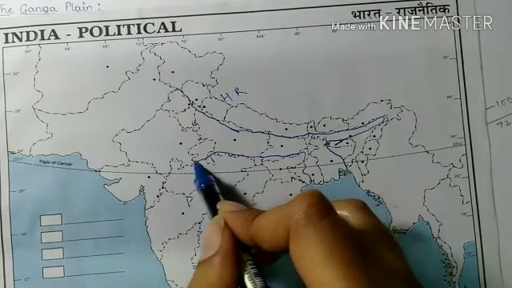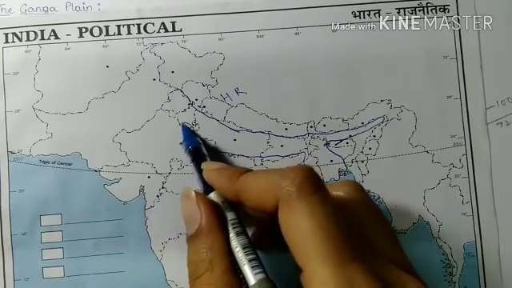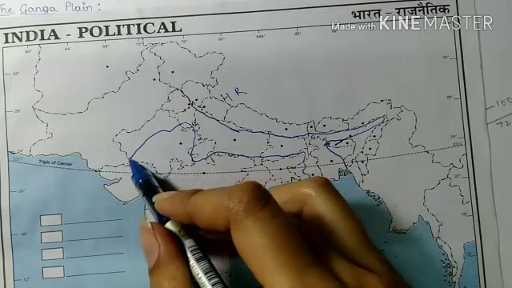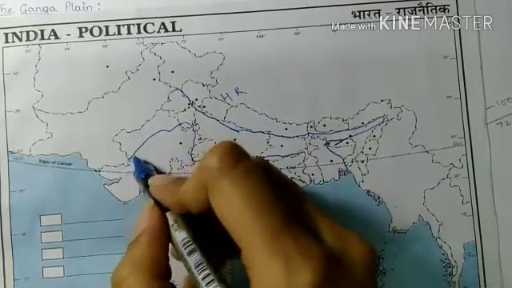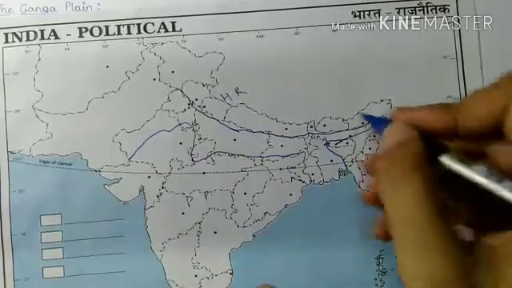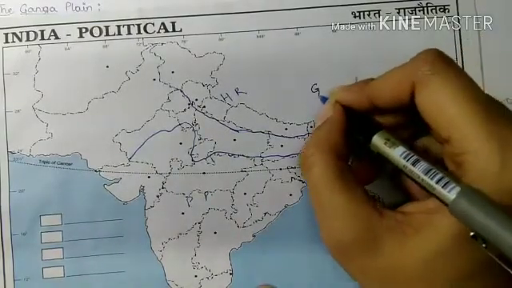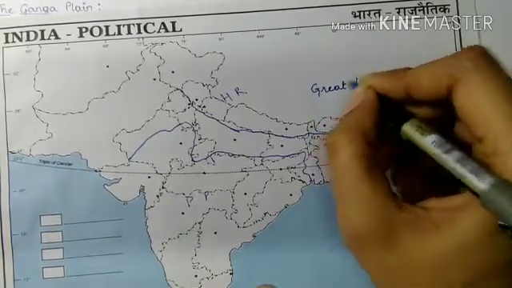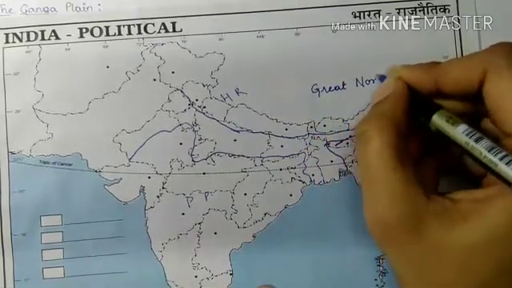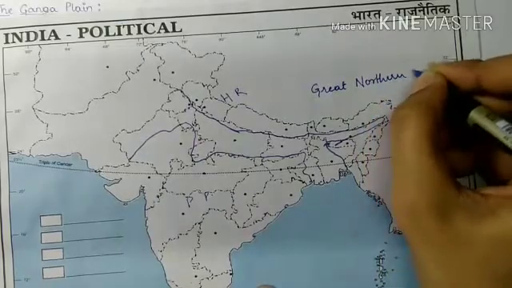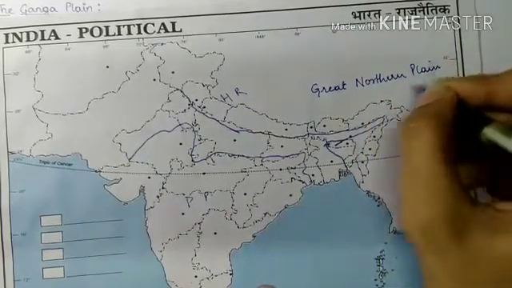It's more in Madhya Pradesh and it shallows down. So this is the Great Northern Plain of India.